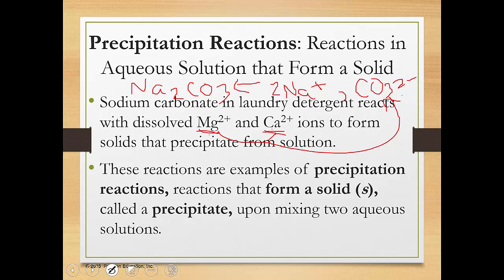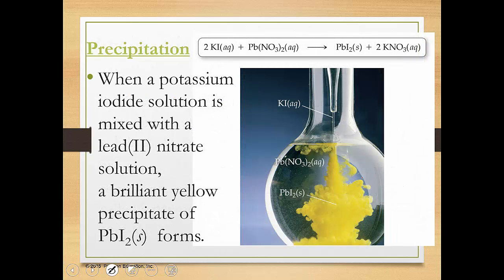Magnesium and calcium are not exceptions to the rule, so magnesium carbonate and calcium carbonate are insoluble, and they will come together and precipitate out. So that's a precipitation reaction. When I mix 2 aqueous solutions, I end up with a solid. That's precipitation. We're going to start looking at different types of reactions here.